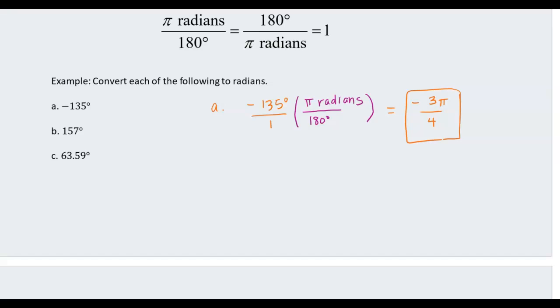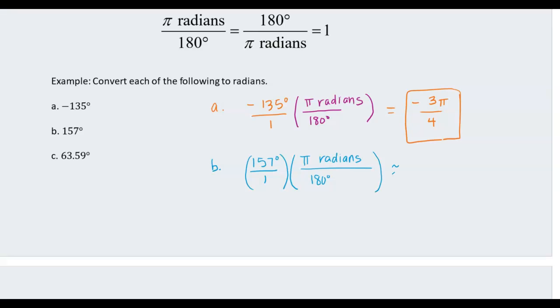When I look at something like letter B, I don't have a number that we typically see as one of the ones we remember from the unit circle, so we know that this one isn't going to end up being a nice fraction, but I can still follow the same process. I'll put 157 degrees in the top of a fraction, and I'll multiply by pi radians over 180 degrees.